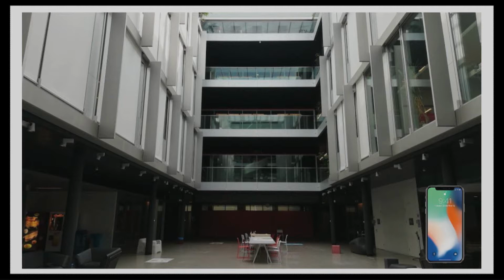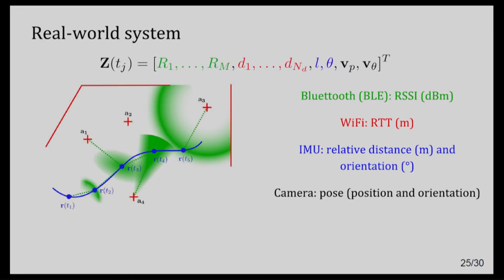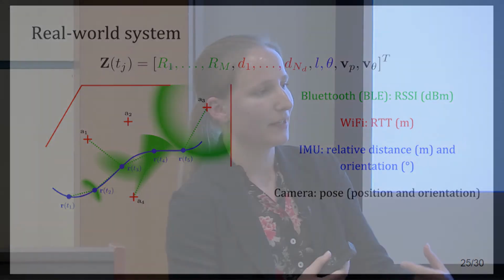We're using technologies that are entirely smartphone compatible, which is actually quite a big limitation, because that basically reduces us to Bluetooth, Wi-Fi, and IMU measurements, the inertial measurement unit, from which you can calculate relative movement, direction, and length.